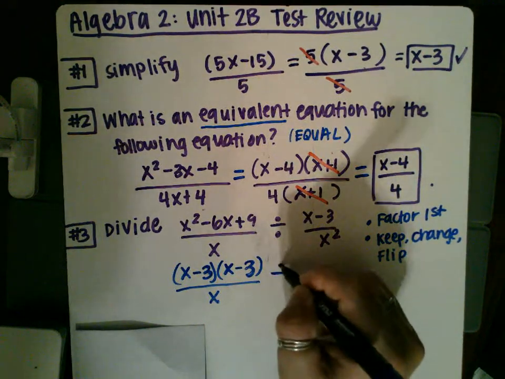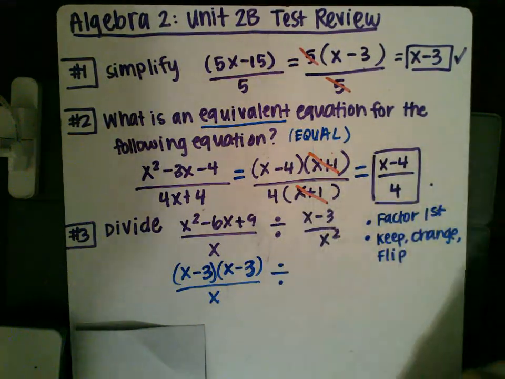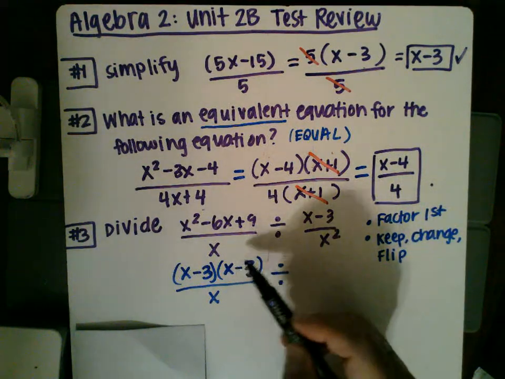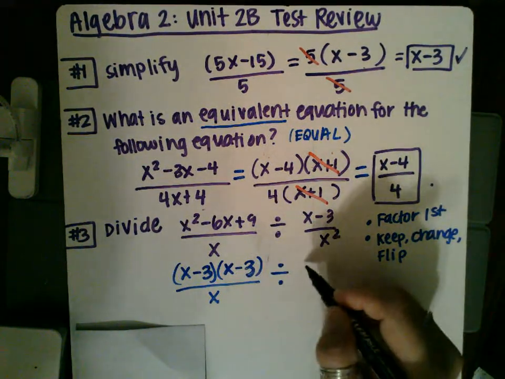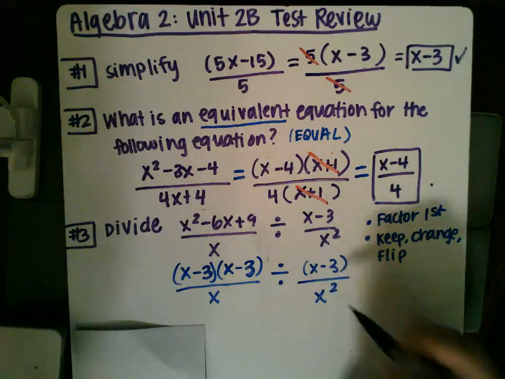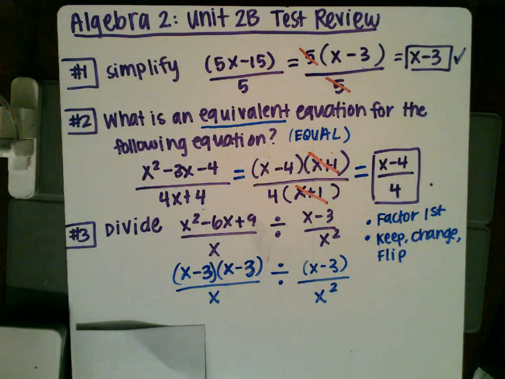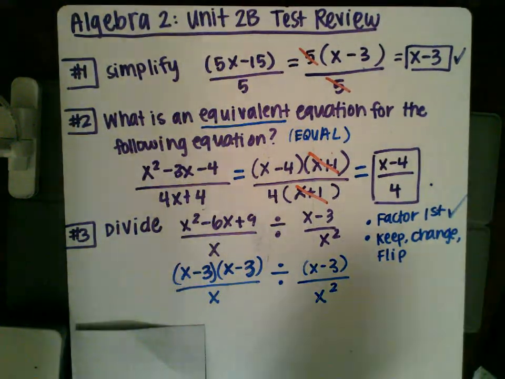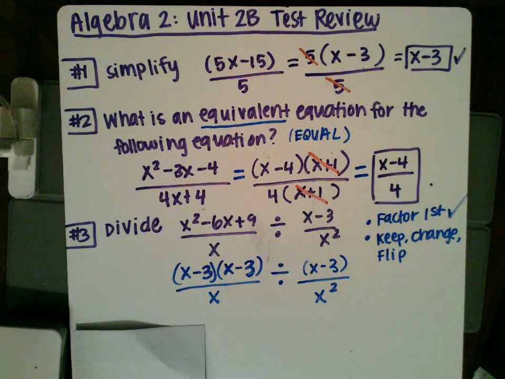Then we have divided by x minus 3, which is a linear term. Notice that this is also a linear term, so I'm just going to leave them alone. X minus 3 is good, and x squared, we have no reason to want to change that. So we have factored the entire expressions first.